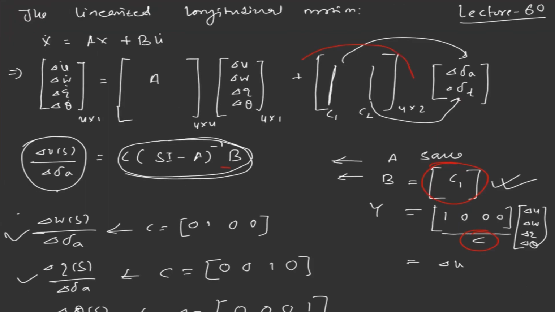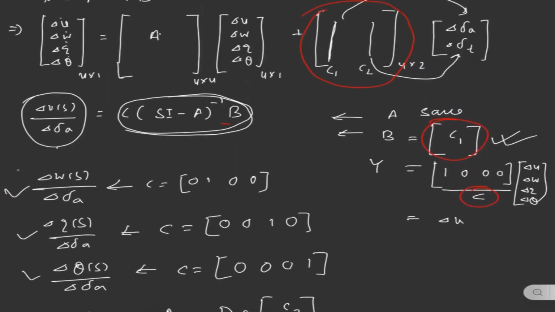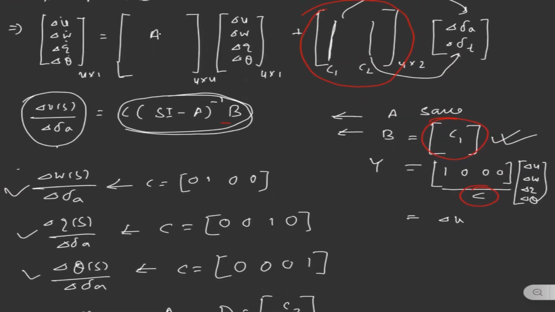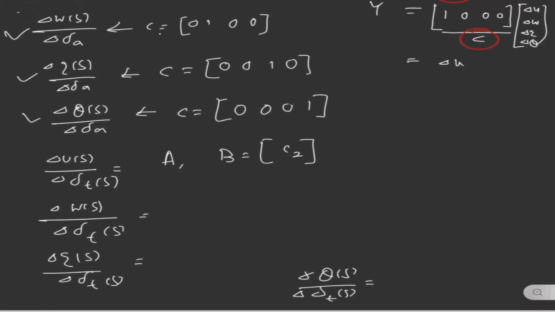So here we will take only C2, because the coefficient of delta delta T comes in the second column. So we'll consider the second column in the system.